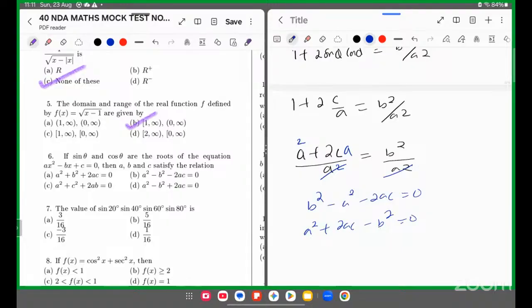So option D is the correct answer. Option D, a square minus b square plus 2ac.